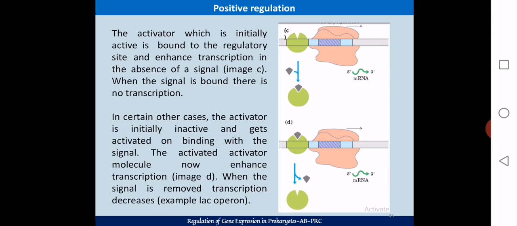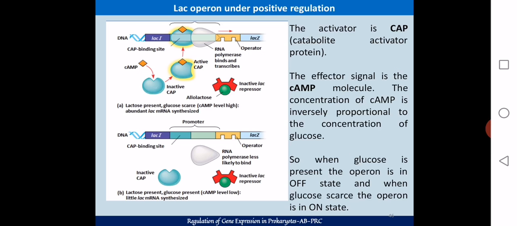That means the activator is initially in the inactive stage and gets activated on binding with certain signals. That will be the condition in certain cases, and this activator molecule can enhance transcription, right? So we will have a detailed explanation with the lac operon mechanism for positive regulation.